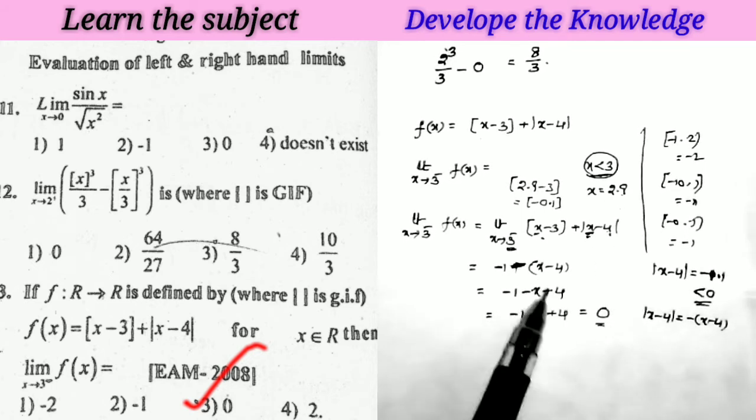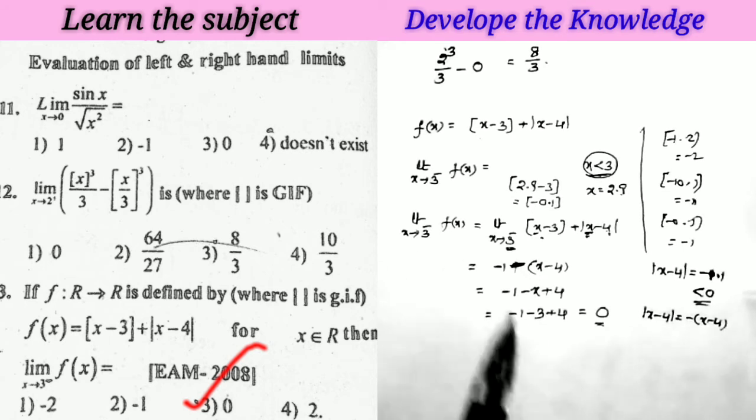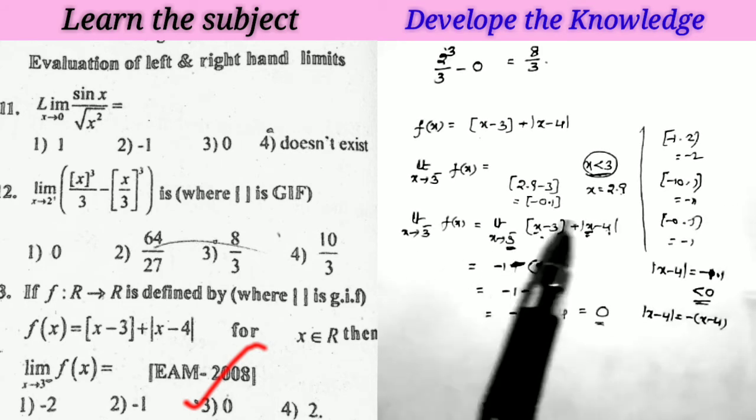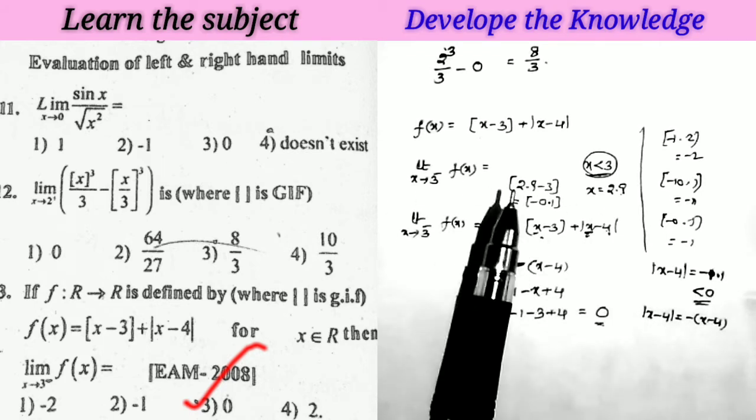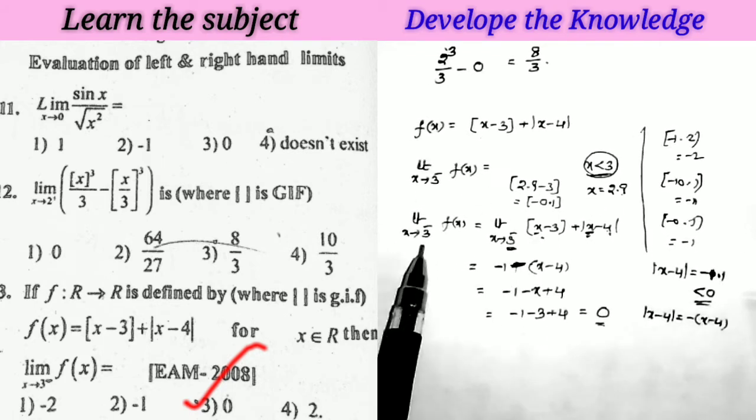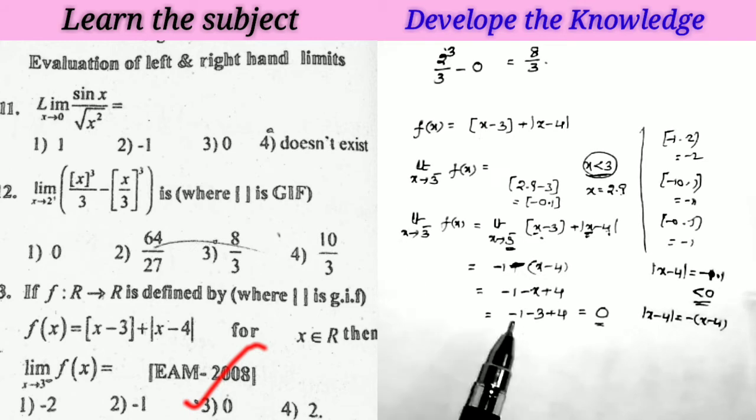But where we have a single x value, we directly take the limit value. Here we don't take 2.9 like that. When we have the step function or modulus function, only at these places do we take x equal to 2.9 and consider this 3 minus. But in the case of a single x, we take x equal to 3 directly.